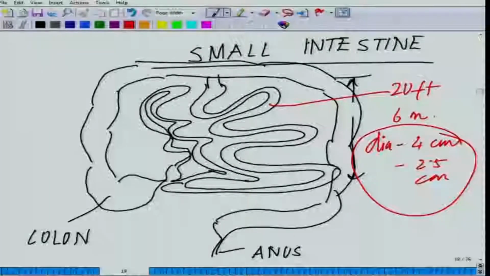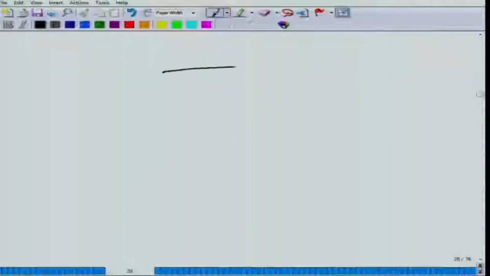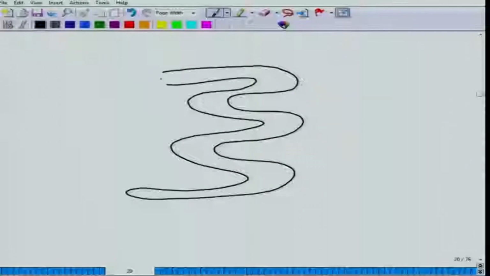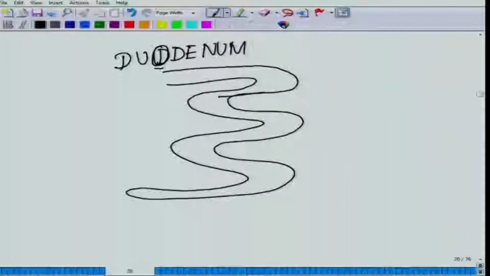If I redraw this, it looks like this. You have the entry port, closest to the stomach, that is called the duodenum. Then you have the next part, which is called the jejunum.